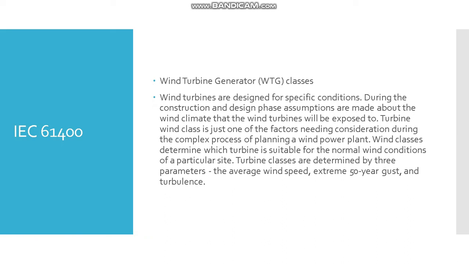Turbine wind class is just one of the factors needing consideration during the complex process of planning a wind power plant. Wind classes determine which turbine is suited for the normal wind conditions of a particular site. Turbine classes are determined by three parameters: the average wind speed, extreme 50 years gust, and turbulence.